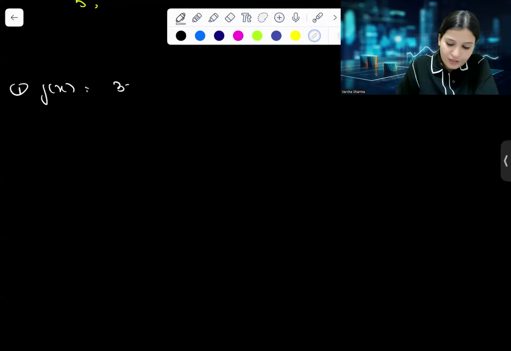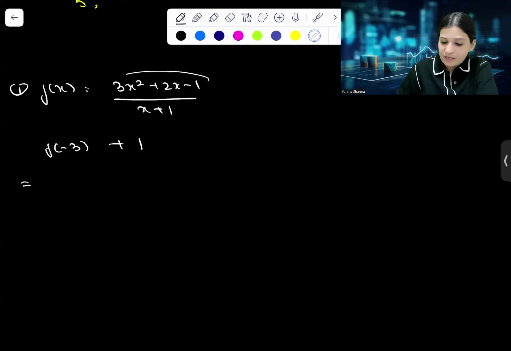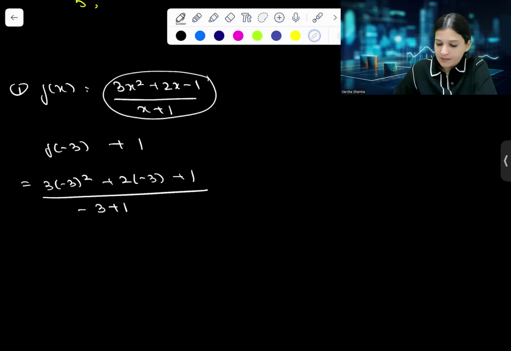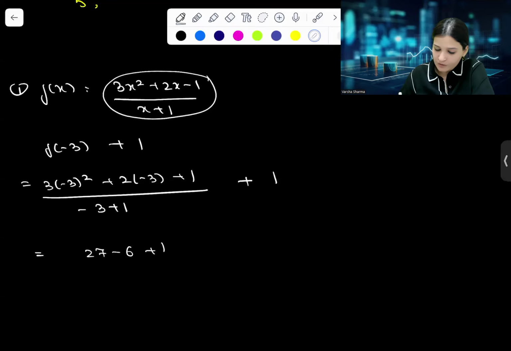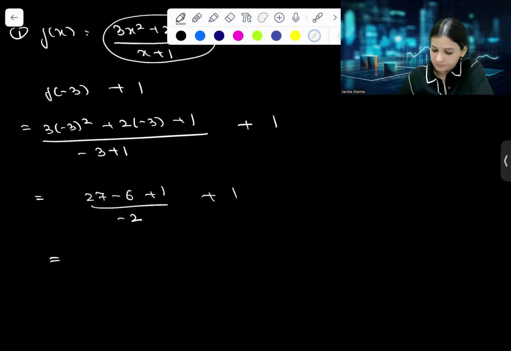The function is (3x squared plus 2x minus 1) upon (x plus 1). We want f of minus 3 plus 1. So in this function, instead of x, put minus 3 plus 1, that is minus 2. 27 minus 6 plus 1 by minus 2.